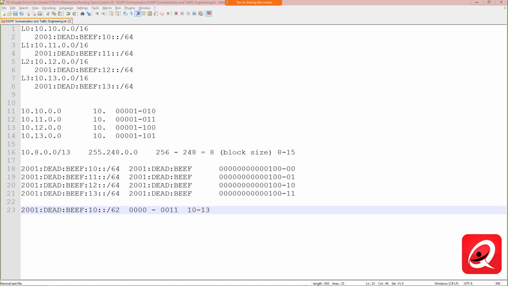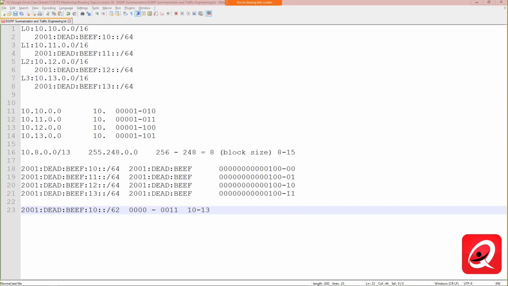That's another benefit of doing summarization. The thing that I want to demonstrate, though, is that we automatically suppress any subnets that are going to be included as part of that summary. So any networks that are included as part of the summary are not going to be visible. They're going to be suppressed and removed.